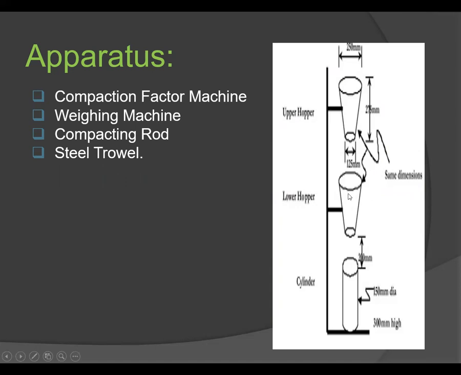The second hopper has the same dimensions. This is the first hopper, this is the second hopper, and the last one is the cylinder. The center to center distance between hopper and cylinder is 200 mm. The cylinder height is 300 mm and its diameter is 150 mm. So this is our compaction factor machine.